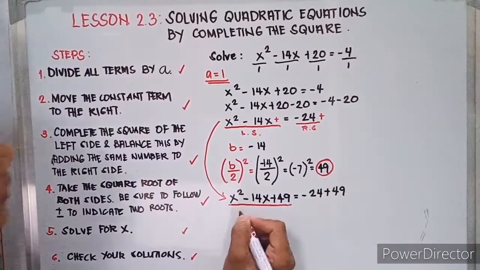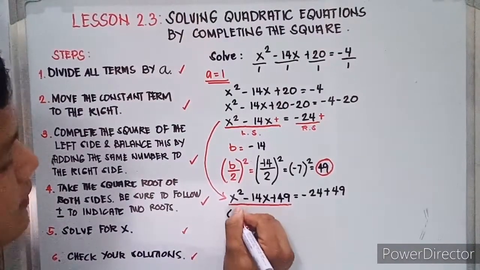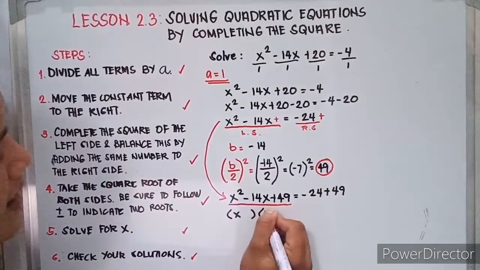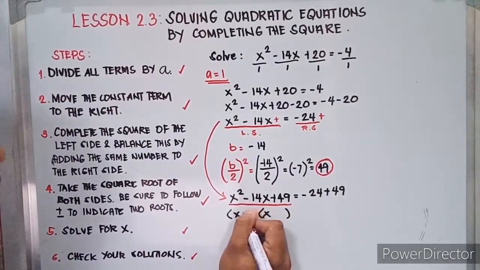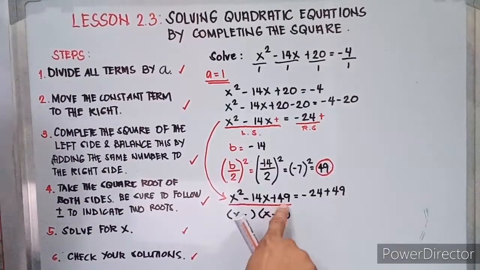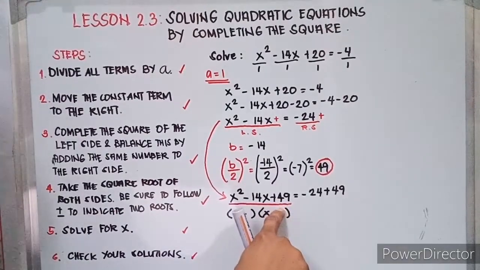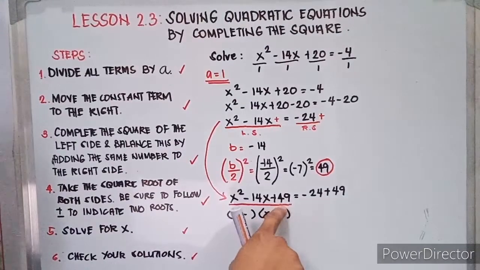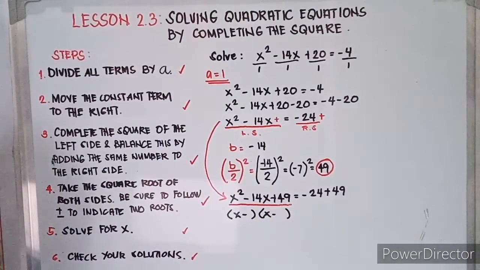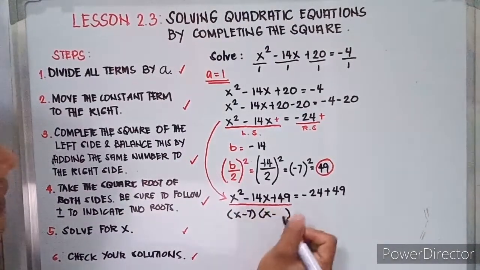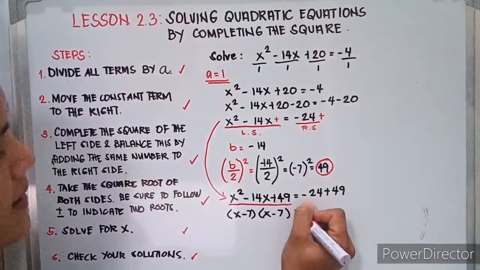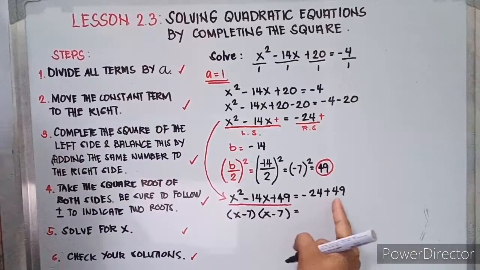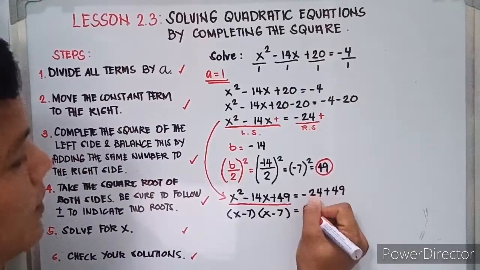So we can have the factors: x, and this is negative, so both are negative. What is the square root of 49? Or what are the two numbers that make 49 a square number? We have 7, 7 times 7 is 49. So equals, negative 24 plus 49 is positive 25.